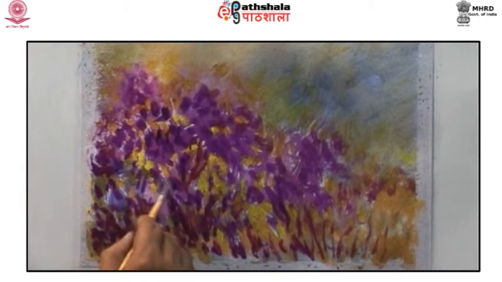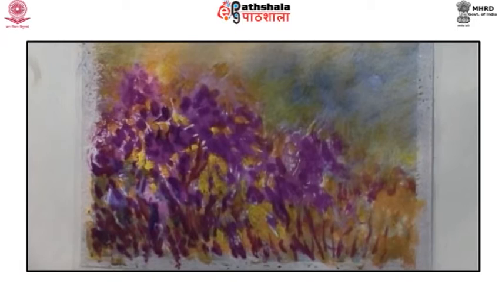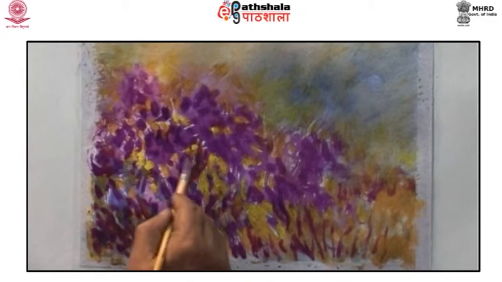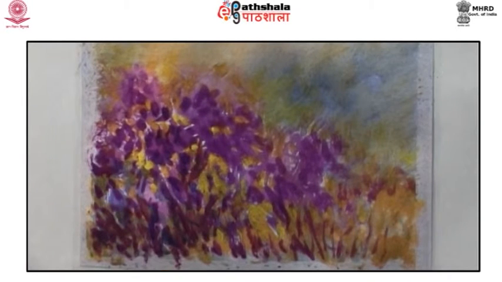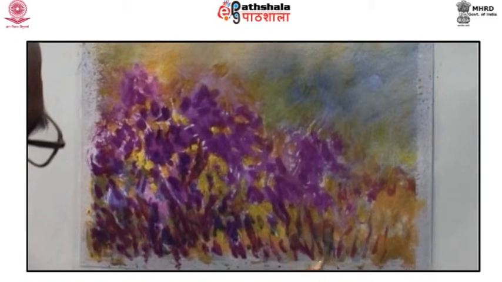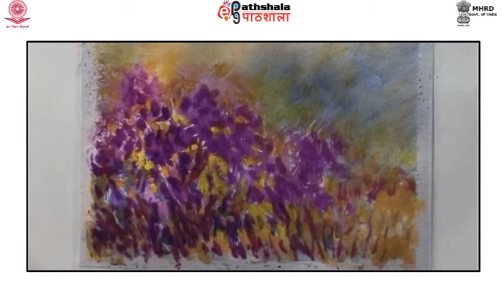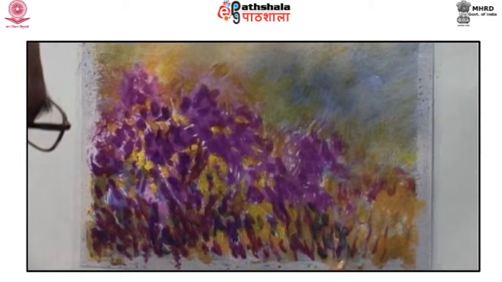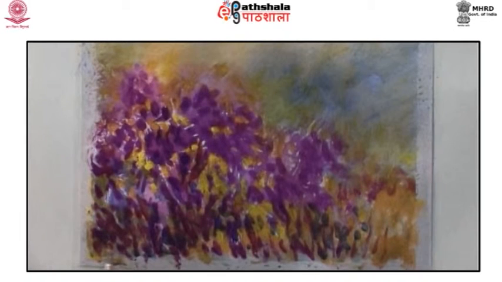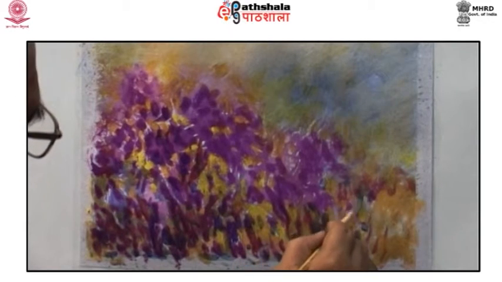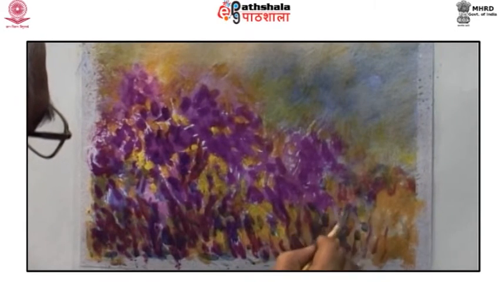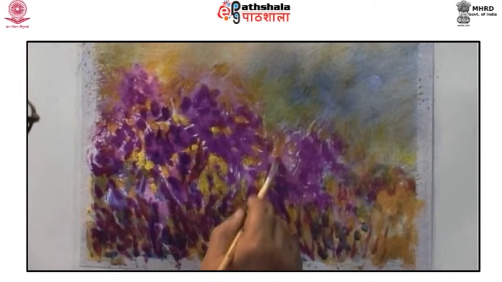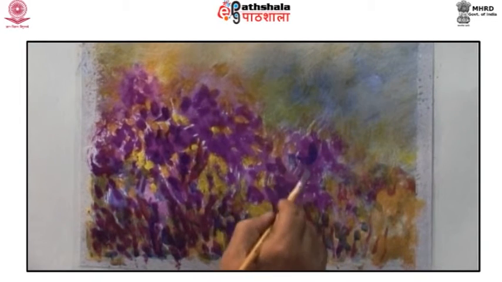Then take thin blue again and this time paint selectively over the yellow lower area, following the complementary colors harmony.